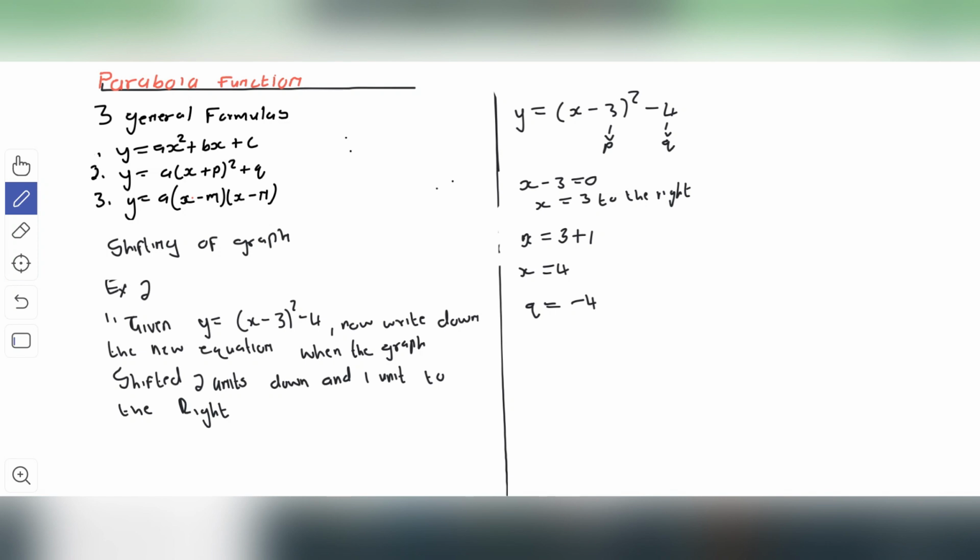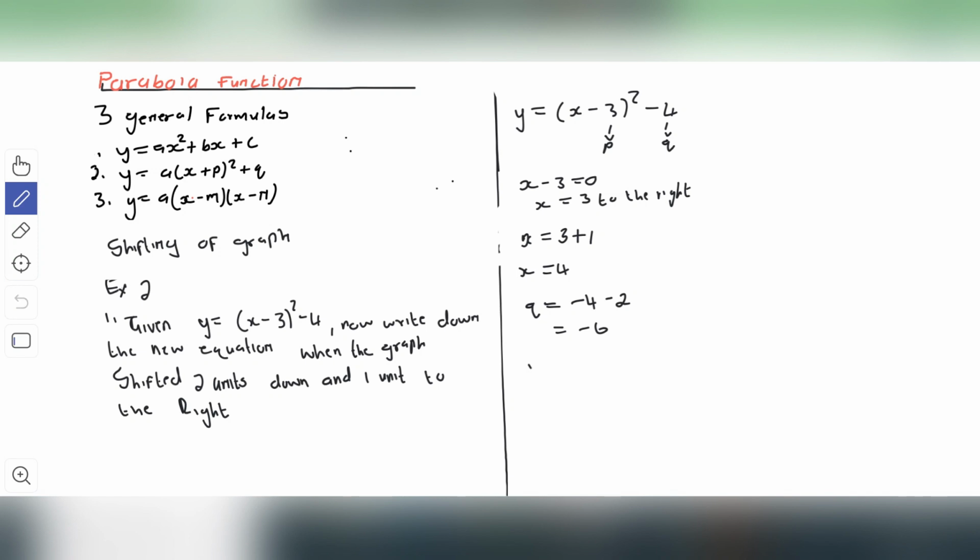Remember, whenever we're going up, we're going to the positive y values, and whenever we're going down, we're going to the negative values, right? So we need to subtract 2. Therefore our q is now negative 6.